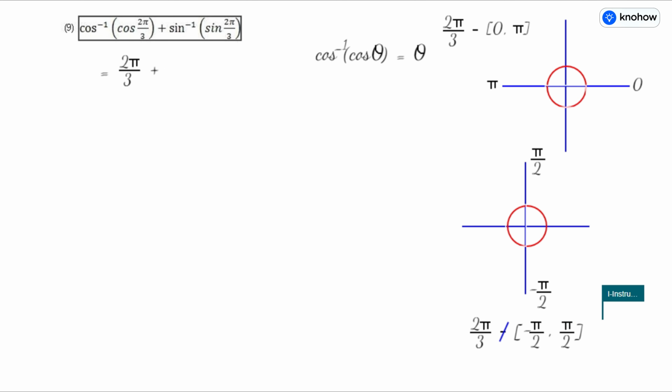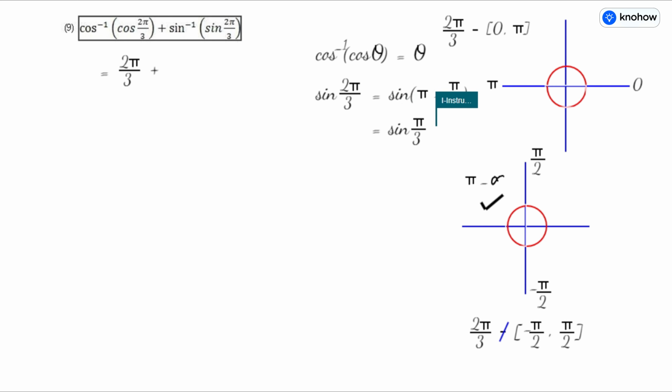Take sine 2 pi by 3. 2 pi by 3 lies in which quadrant? Second quadrant. And in the second quadrant, we can simplify the value using pi minus alpha. So 2 pi by 3 can be written as pi minus pi by 3. And what is the formula for sine 180 minus alpha? Sine alpha. Why? Because sine is positive in the second quadrant. So it reduces to sine pi by 3.